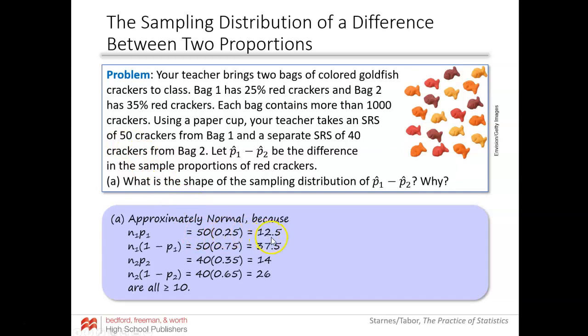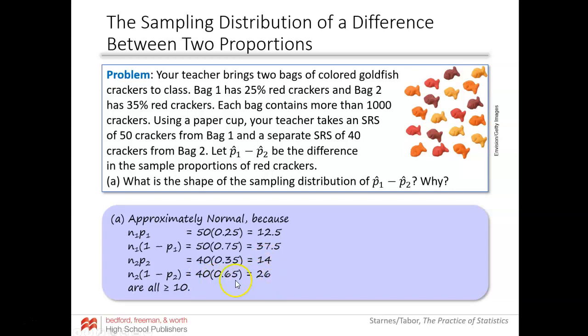So you should expect to get 12.5 red fish in your bag 1 sample. And then you should expect to get 37.5 non-red fish in bag 1. Either way, both of those are greater than 10, so check, check. And then we do the same thing for bag 2. This was a sample size of 40 times 0.35. So there's going to be 14 red fish, supposedly, in our sample for bag 2.